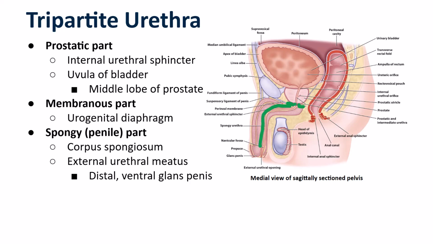Now we call it the spongy part because that part is completely encased by the corpus spongiosum, which is a type of erectile tissue found in the penis. The external urethral meatus is found on the glans penis at its distal ventral surface. And so that is why this urethra is so very long at about 20 centimeters.